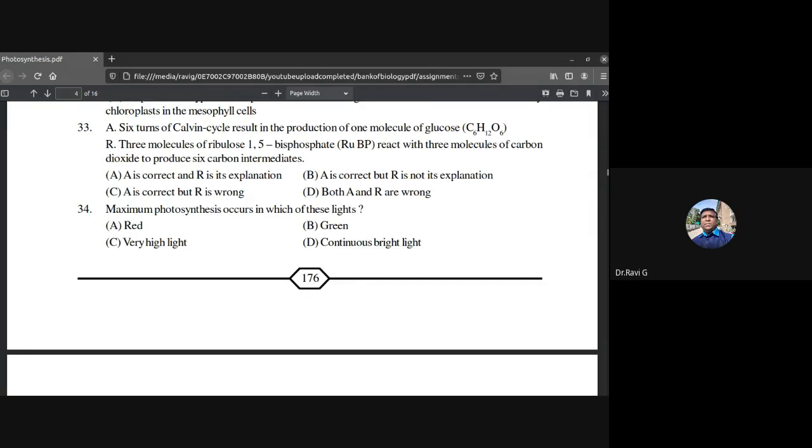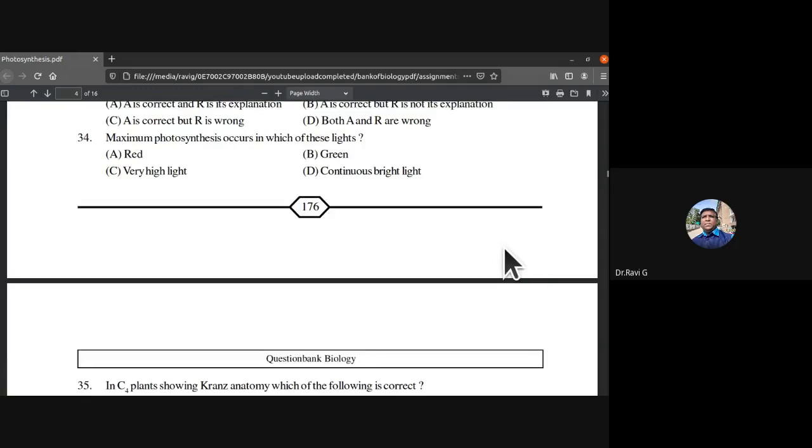If the mic works, switch it on, better to answer it, because I'll be on a different screen here. So A is the answer. Red, maximum photosynthesis occurs in red wavelength of light. So photosystem 1 and photosystem 2 can absorb light at red wavelength.